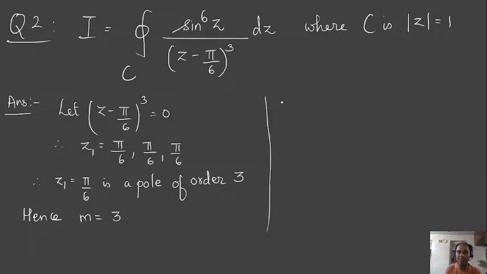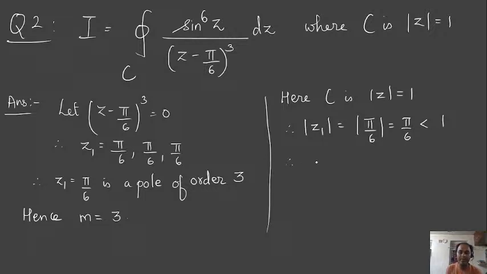So here C is mod z equal to 1, therefore z1 equal to pi by 6, and the mod of pi by 6 is less than 1, therefore z1 lies inside C.